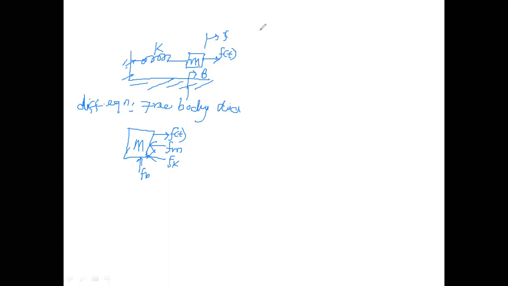We can write the applied force F is equal to the opposing forces, that is, F is equal to Fm plus Fb plus Fk. So this we have discussed in the previous class, right? Now what is the equation for the mass element? For the mass element, we can write Fm is equal to m into d squared x by dt squared, where the displacement is x.